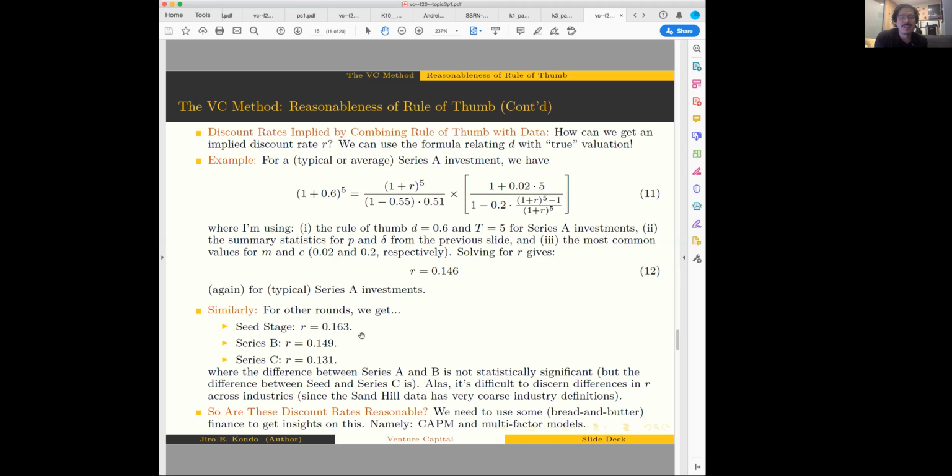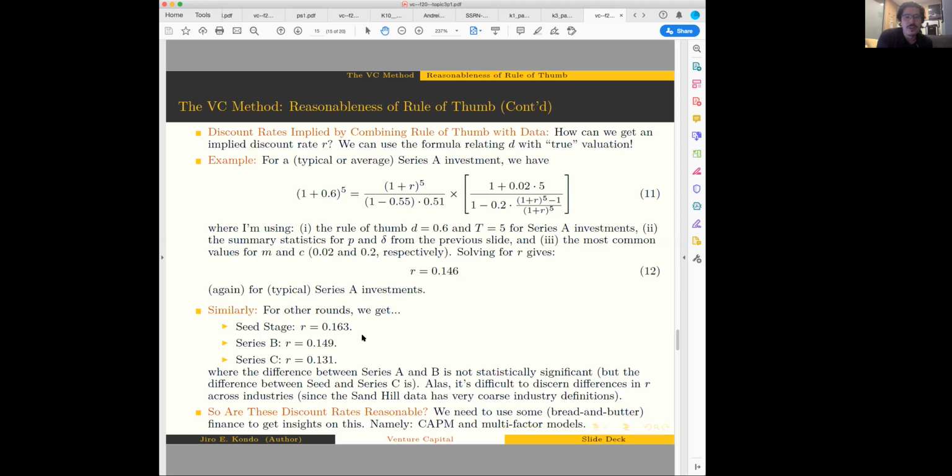If it gives you a positive alpha, that suggests you get 14.5%, but you should be getting less than that, so VC is offering a pretty attractive return. So maybe I should try to put as much of my money into VC as possible. And if there's a negative alpha, it's the opposite. It's a bad deal. It doesn't offer as much of a risk-adjusted return as other opportunities in financial markets. So we should be taking our money out of VC.